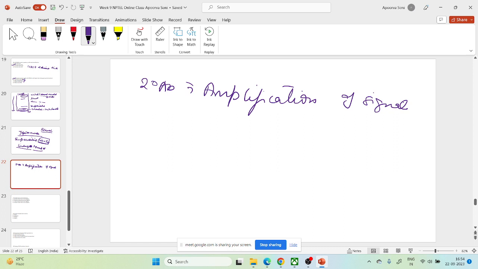So, to have a better image, the secondary antibody amplifies the signal, the contrast increases, and you have better images.